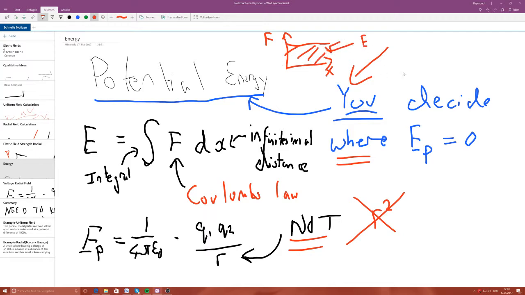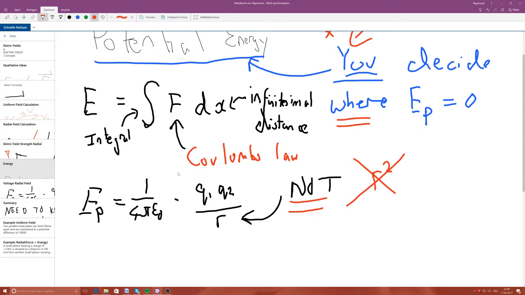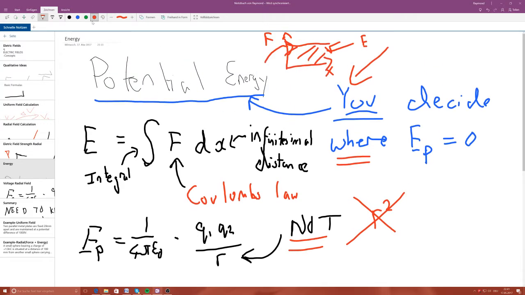Well, the problem that we have now is that it's not just staying constant. The force is changing as we change the distance. The reason for this is that if we go to Coulomb's law, we see that the force is dependent on r, the distance between the charges, and as such we can't just multiply them, because as we change the distance, we also change the force.